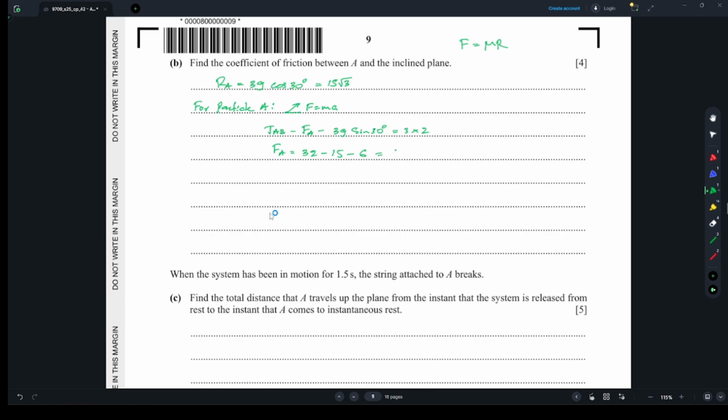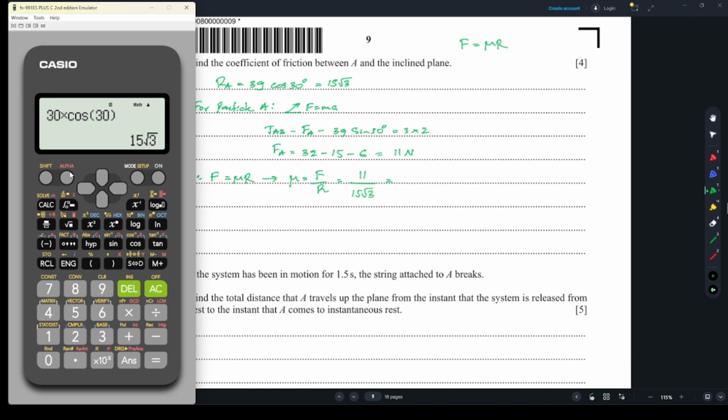So it is 11 newtons. Okay, therefore we can write F equal mu R, from this one, mu equals F over R, which is 11 over 15 root 3.